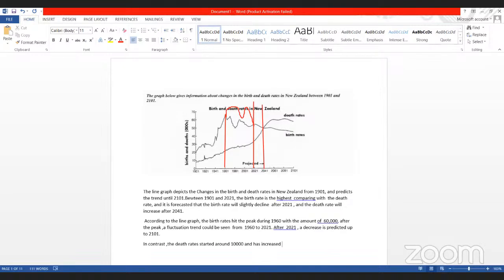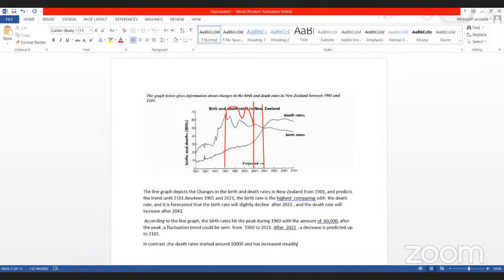Now we need to say that it's a steady growth, right? Not a fluctuation. So we are using the word steady as an adverb.